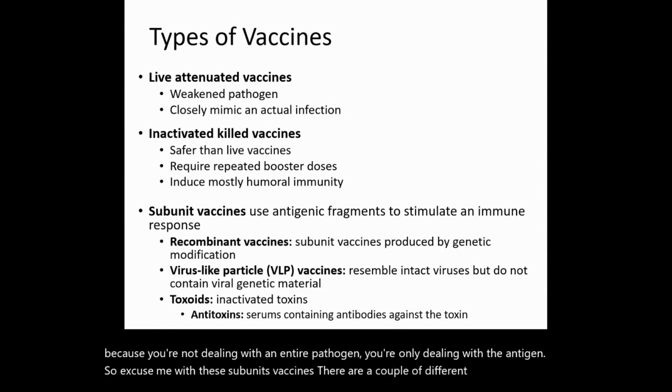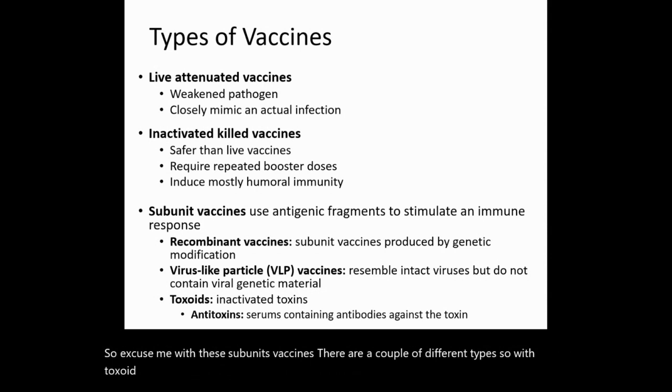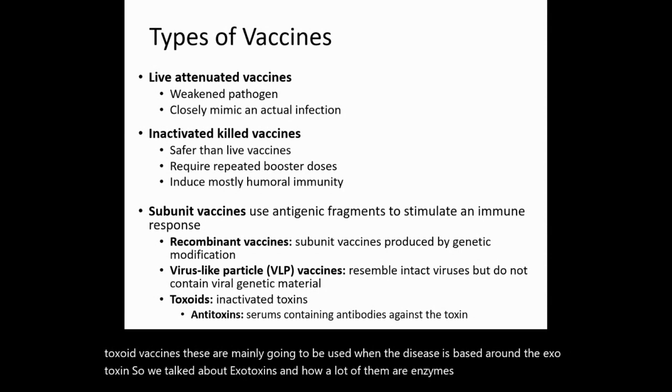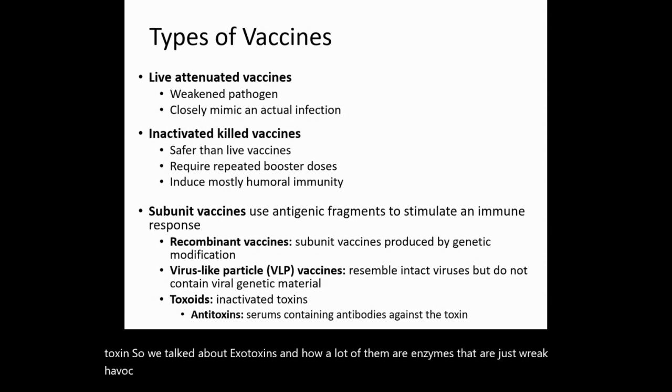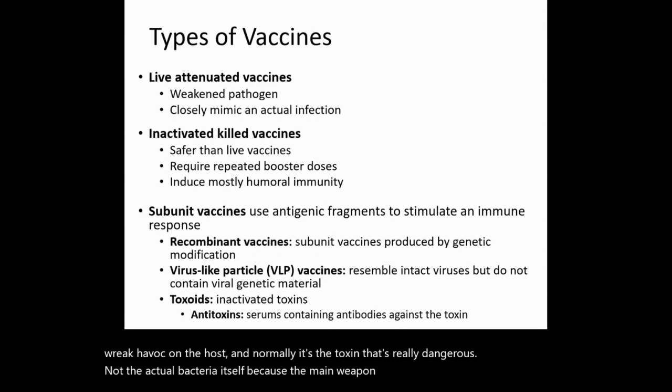So with toxoid vaccines, these are mainly going to be used when the disease is based around the exotoxin. So we talked about exotoxins and how a lot of them are enzymes that just wreak havoc on the host. And normally it's the toxin that's really dangerous, not the actual bacteria itself, because the main weapon it uses is the exotoxin.